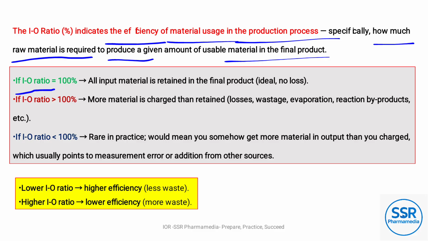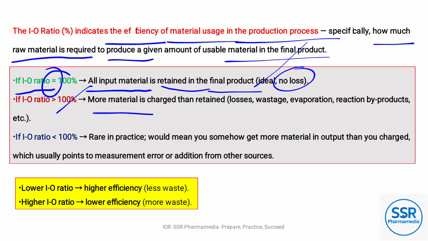If input output ratio is equal to 100%, all input material is retained in the final product, so ideal, no loss. If input output ratio is more than 100, more material is charged than retained: losses or wastage or evaporation or reaction by-products, etc.